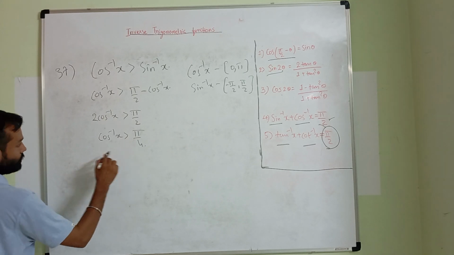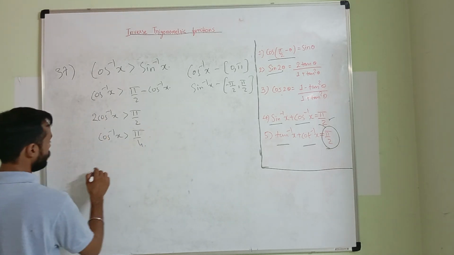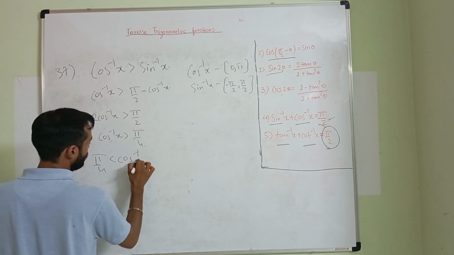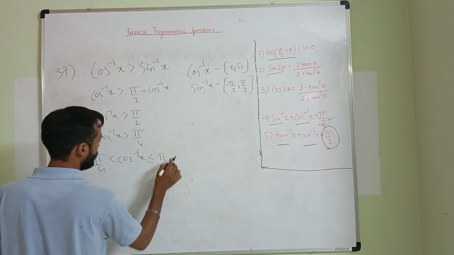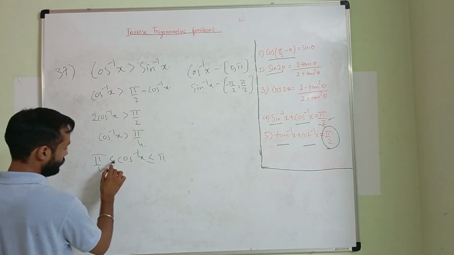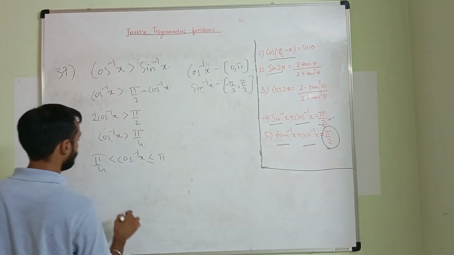Hence our cos inverse x will lie greater than pi by 4 and less than or equal to pi.